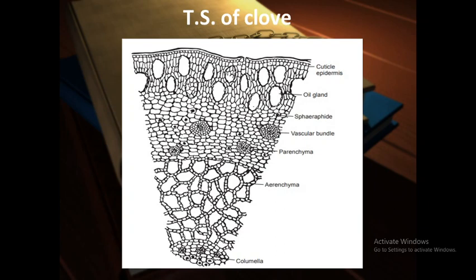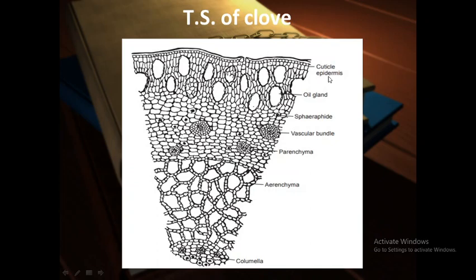Just see the transverse section of the clove bud passing through the columella. So this transverse section is basically divided into three important zones. First is epidermis, second is cortex, and third is columella. So just see the epidermis, that is the top layer, cuticle epidermis.